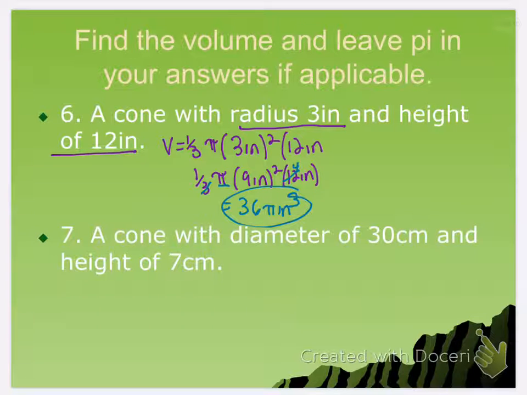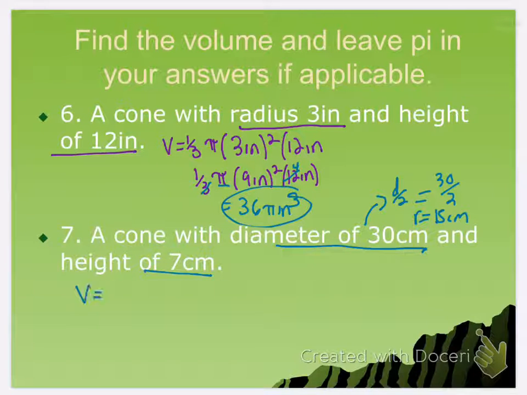Next, we have a cone that has a diameter of 30 centimeters and a height of 7. Remember, we need the radius, and radius is half a diameter, diameter divided by 2. So half of 30 is 15, so my radius equals 15 centimeters. So volume equals 1/3 pi, my radius of 15 centimeters squared times 7 centimeters.